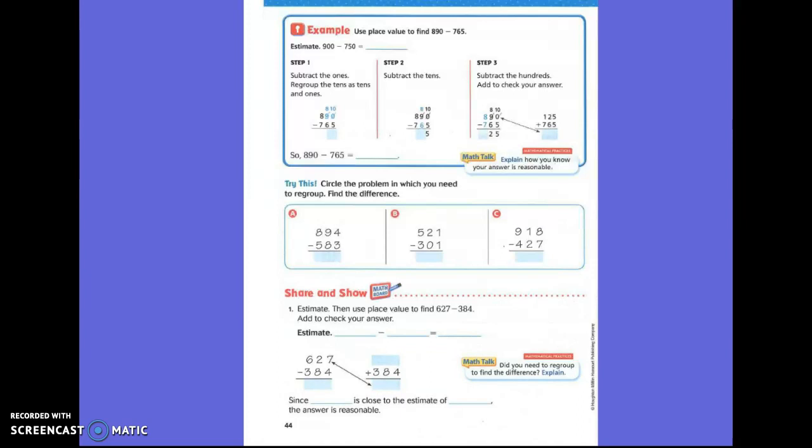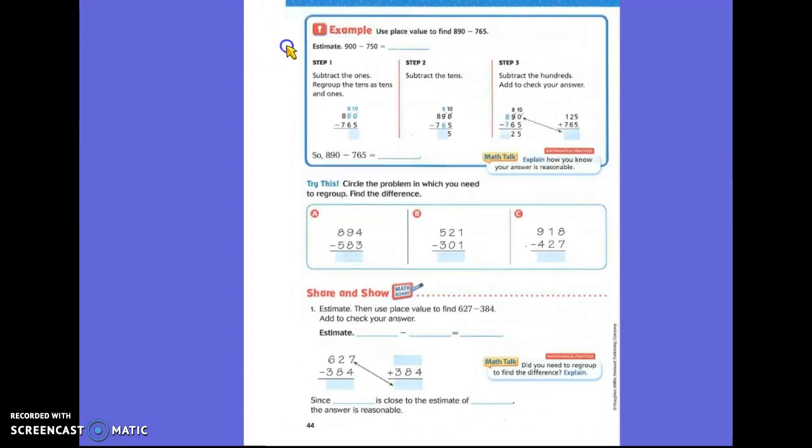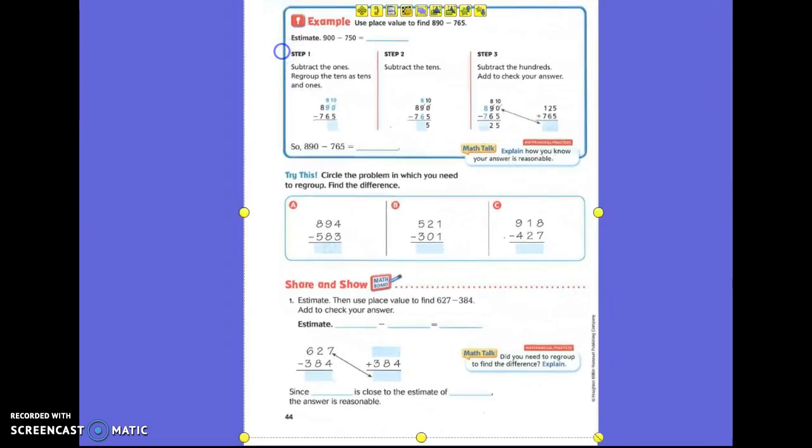Okay, now we are going to find place value when we subtract 890 minus 765. So, before step 1, we have to estimate. 890, they've rounded to the nearest 100 and made it 900.